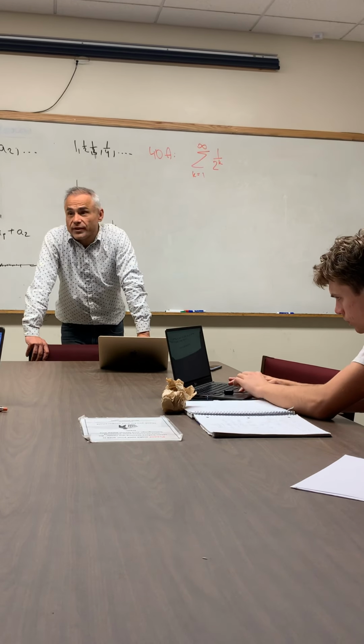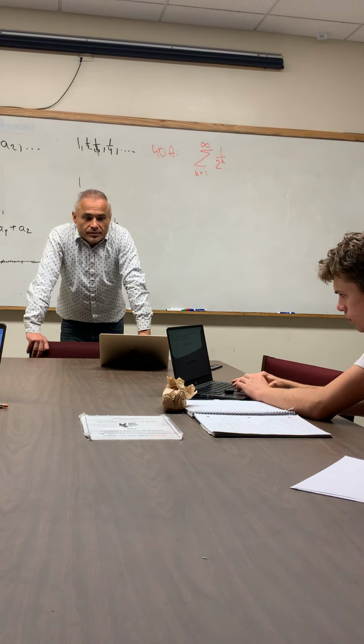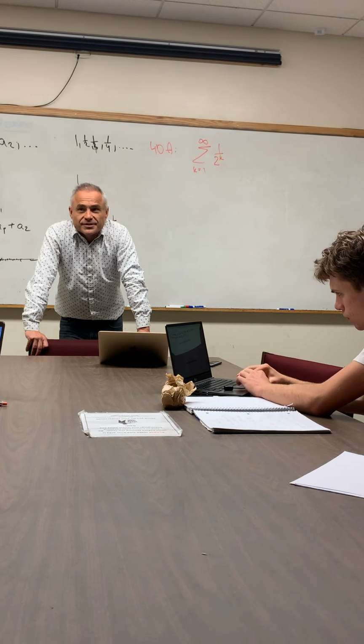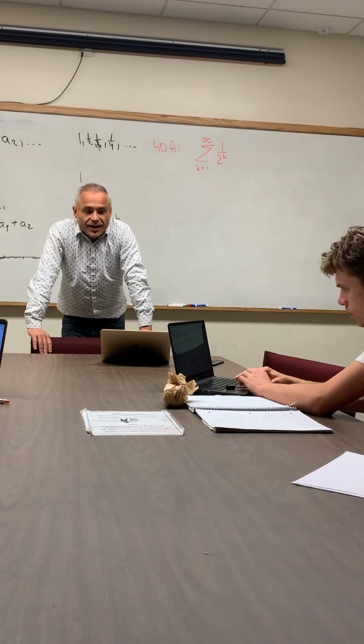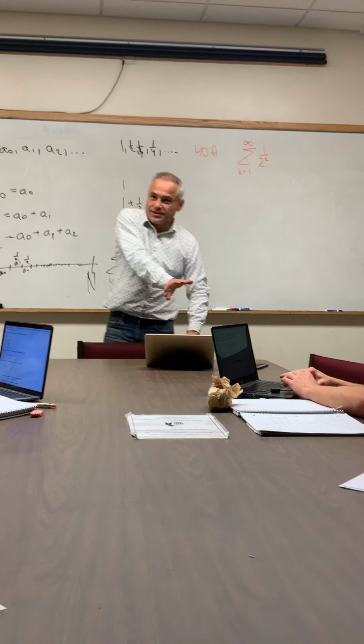The next one is 1 over 8, 1 over 16. That's actually one of the most basic series that computer scientists know. Each next step is half of the previous step.